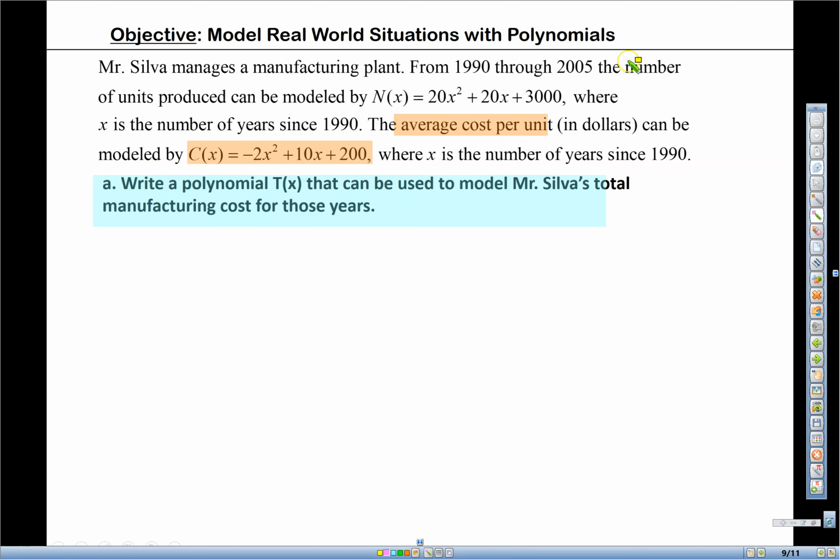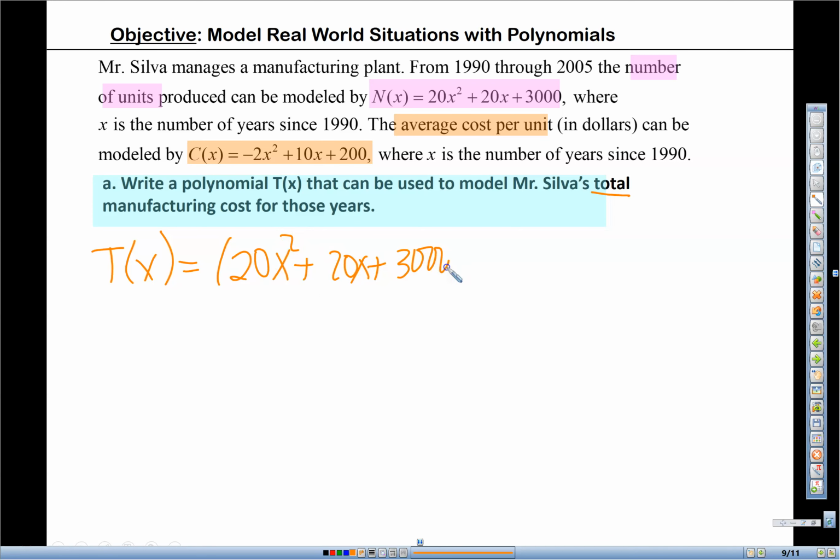And then the number of plates produced is modeled by n of x. So if we had 30 plates and they each cost a certain number of dollars, to figure out the total cost, hopefully we'd realize that the mathematical relationship there would be multiplication. So we are going to have to figure out t of x by taking our n of x and multiplying it times our c of x.